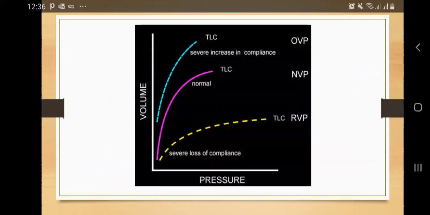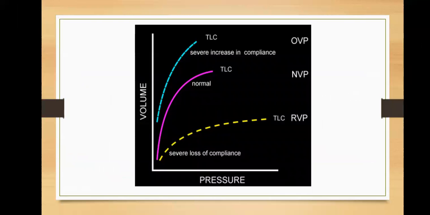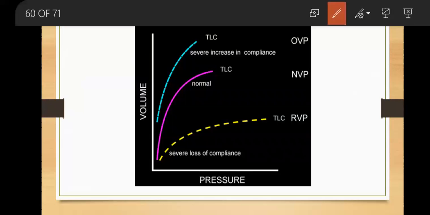Here, lung volumes are plotted against transpulmonary pressure. So we have the pressure and we have the volumes. Compliance is the change in volume for a given change in pressure.